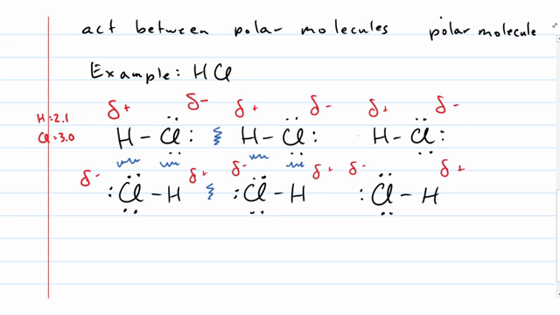This represents an attraction that occurs between the atoms of these different molecules. There's an attraction that exists here. There's another one that exists here, because there's a partially negative chlorine of one molecule attracting a partially positive hydrogen of a different molecule. Those little squiggly lines that I've drawn are my way of representing a dipole-dipole force.